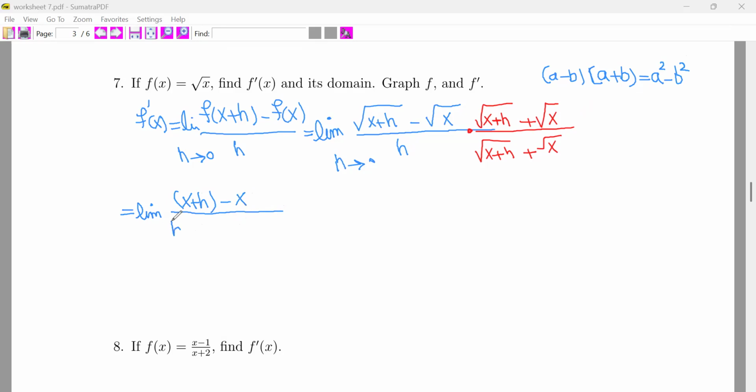And for the denominator, we are going just to rewrite whatever we have here when h is approaching 0.